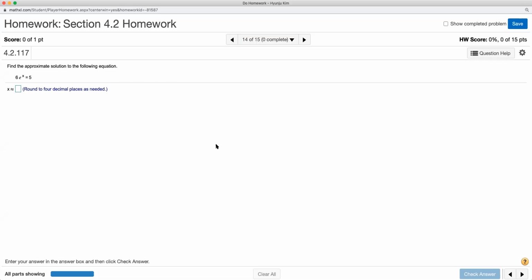So 6 times e to the x equals 5. So what is e? E is the natural number, an irrational number, 2.718 and something. Let's keep going. And you should know the natural log too.